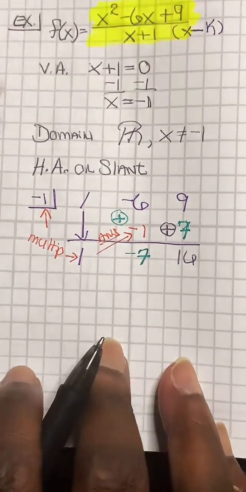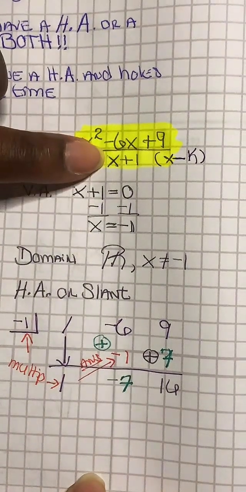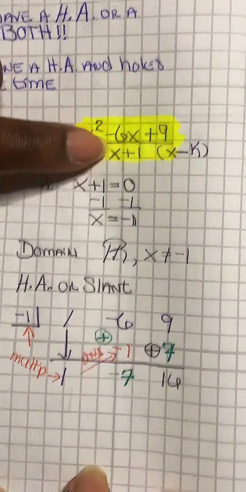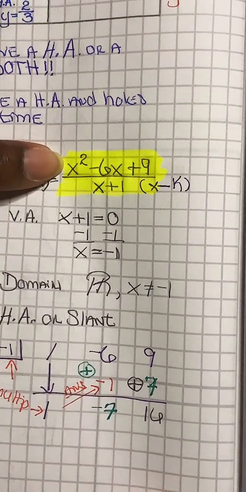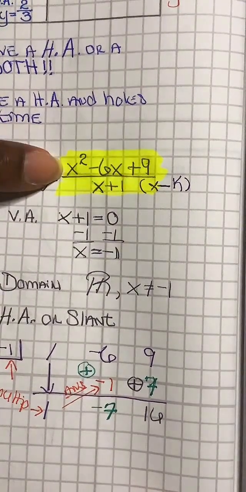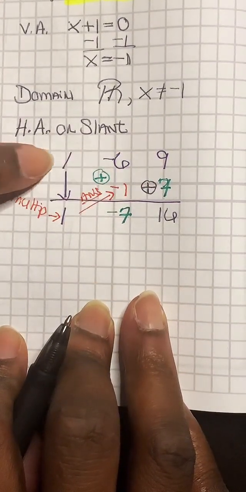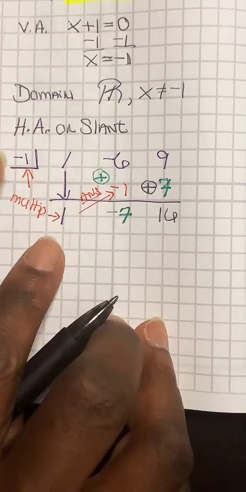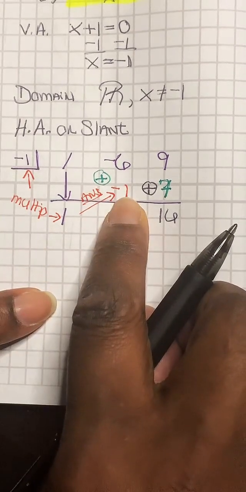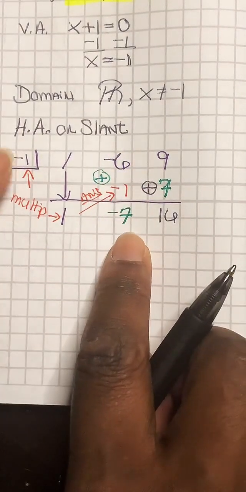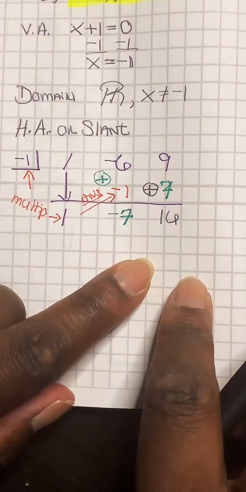So your divisor, which was this x plus 1, do the opposite of what you see, so it'll be a negative 1. Then you write the coefficients of your dividend. That's your 1, your negative 6, and your 9. The first one comes down. You multiply, negative 1 times 1, put your answer in the next column. Add together. Multiply, next one, add together.